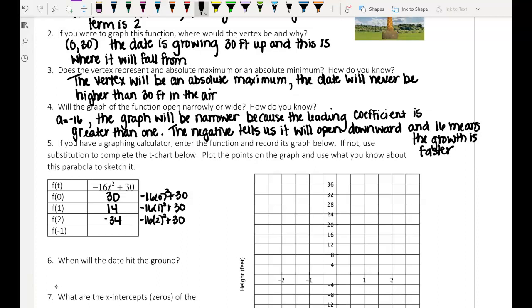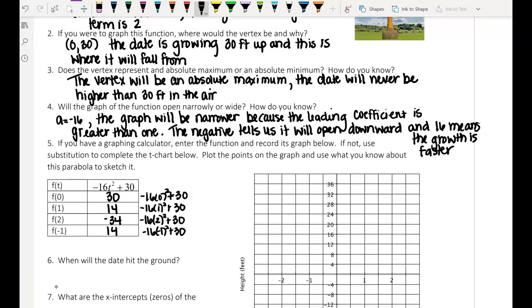And France, what about if I have f of negative 1? It wouldn't be negative 14 because when I square negative 1, I get positive 1. So it'd be negative 16 times 1 plus 30. So it would give me a positive 14 for f of negative 1.